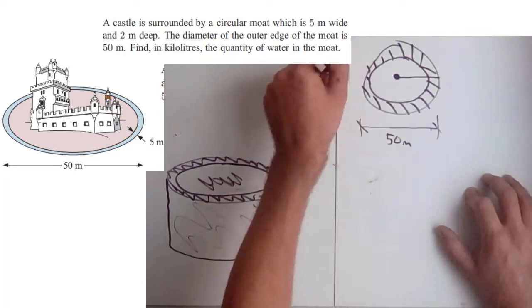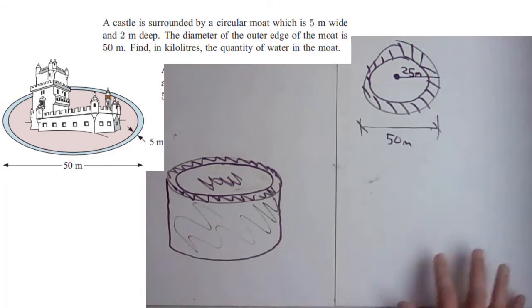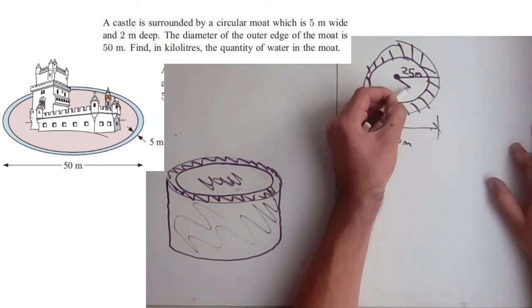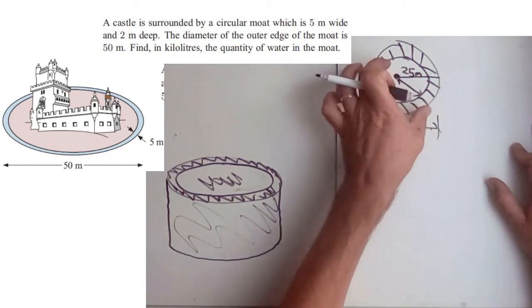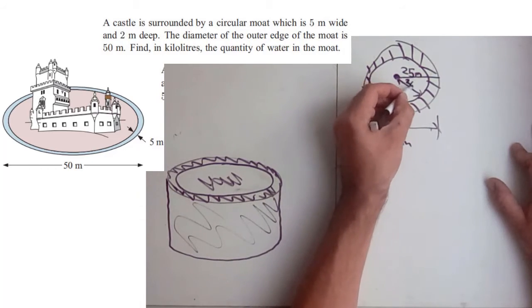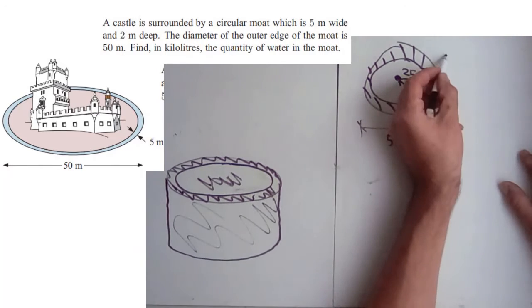So from edge to edge, going through the middle is 50, so this must be 25 meters there, so that outer radius. Then you know that it's 5 meters thick all the way. So if I draw this inner radius here, well, if this is 5, this is 25, that leaves 20 meters there.